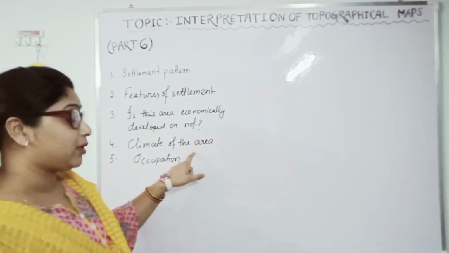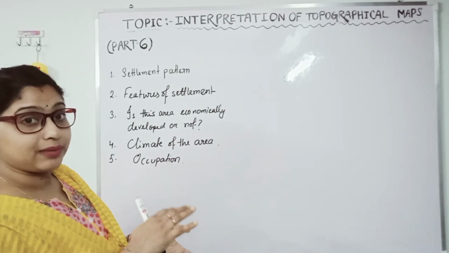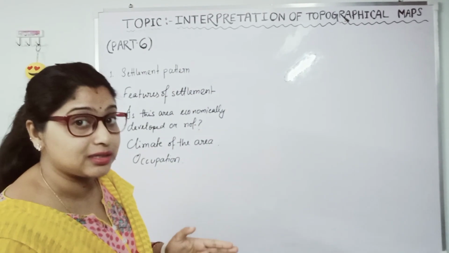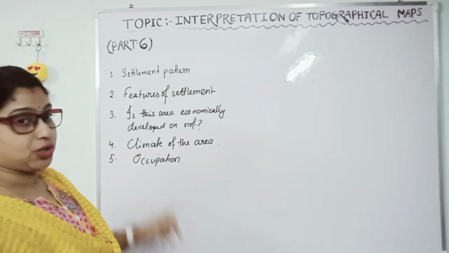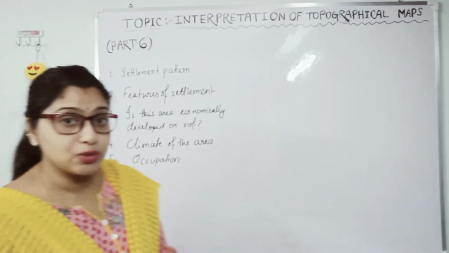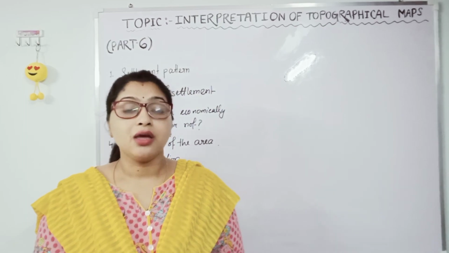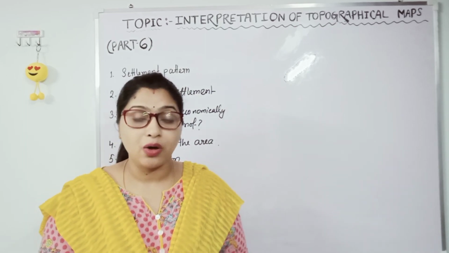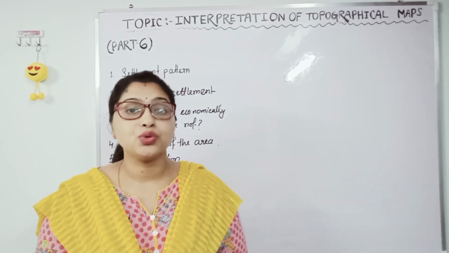Next, the climate of that area, or the main climatic characteristics. Then occupation. So 5 points we will discuss today. Stay with me to see and understand how to find out all these points.